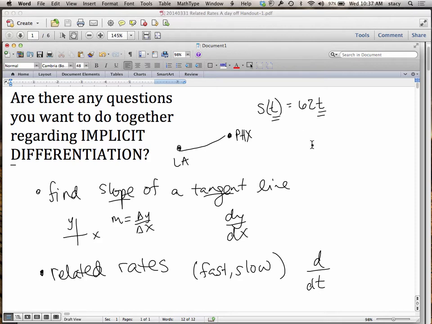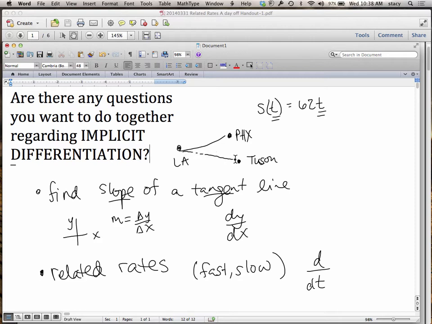But let's say that I wanted to think about not my position between Phoenix and LA, but rather the distance between, where's Tucson? Tucson's down here. Tucson, right? So let's say while I'm traveling, I want to pay attention to how fast my distance is changing between LA and Tucson.